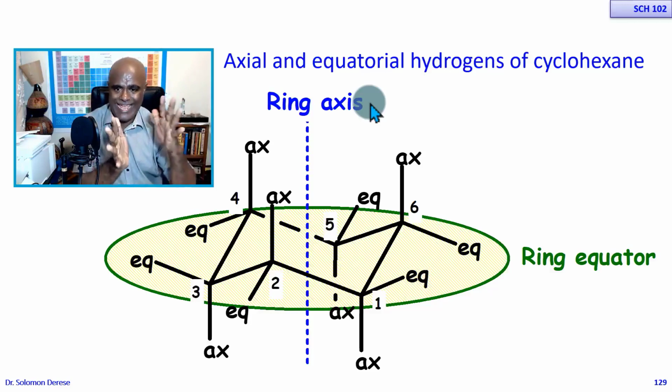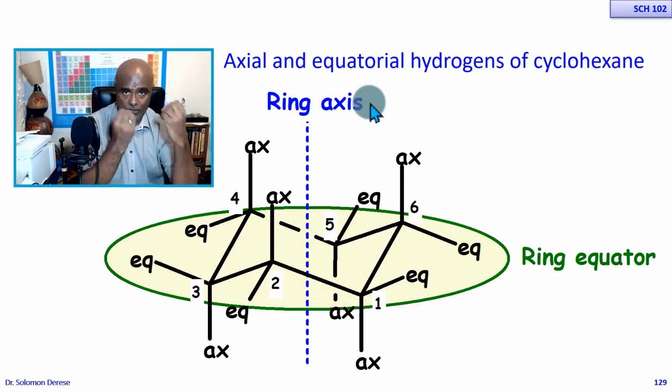The two exist in equilibrium with each other. There is going to be an equilibrium. So what happens to the axial and equatorial hydrogens when it equilibrates between the two conformers?